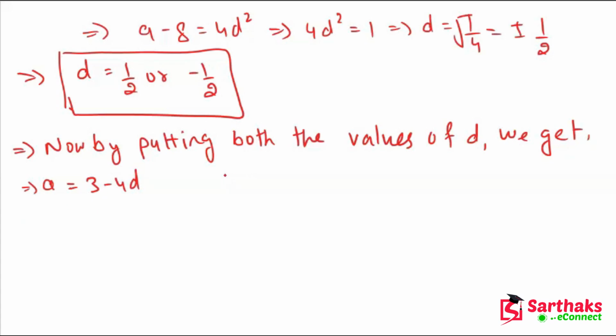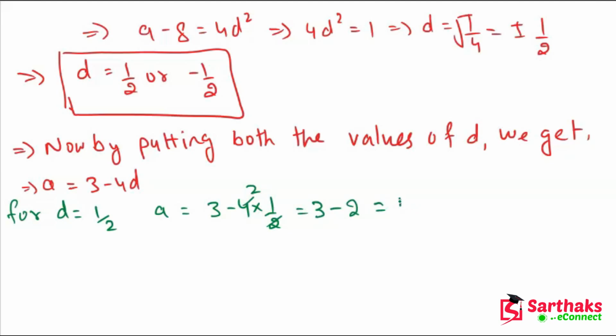For D equals 1 upon 2, we get A equals 3 minus 4 into 1 upon 2, which is 3 minus 2, we get 1. For D equals minus 1 upon 2, we get A equals 3 minus 4 into minus 1 upon 2, we get 5. Here is the sign of minus.